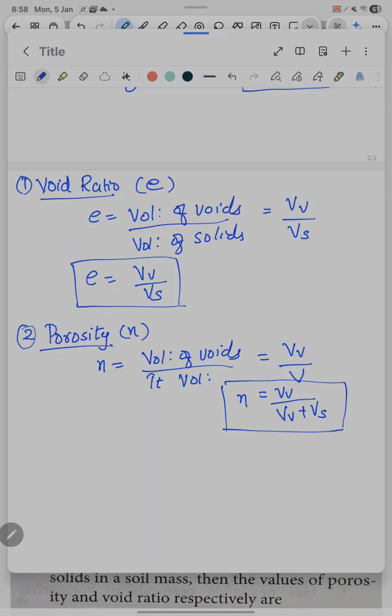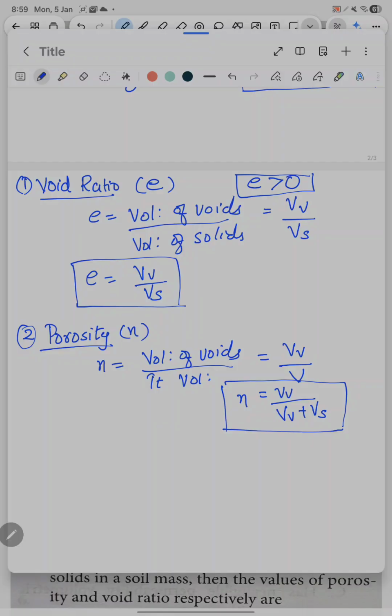There is one important thing: the range of void ratio. The value of void ratio is always greater than 0. This is very important; in many examinations this question is asked. They give some options for the range of void ratio, and from that we have to select the correct one.